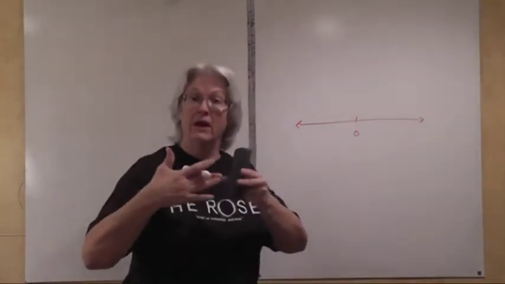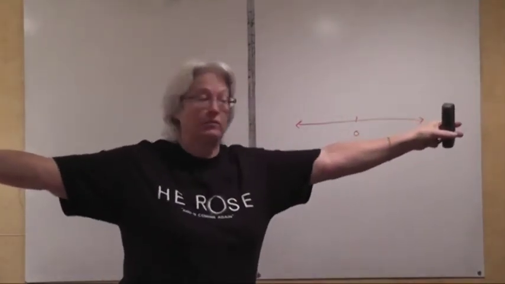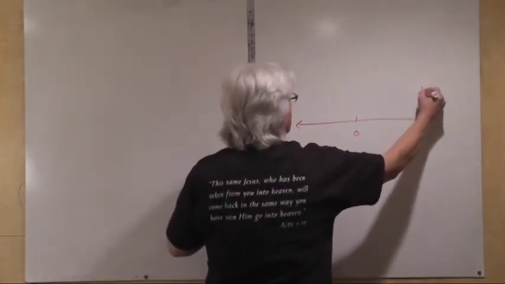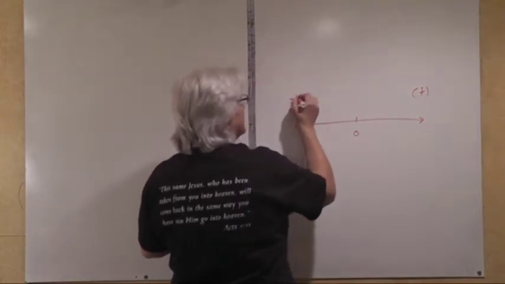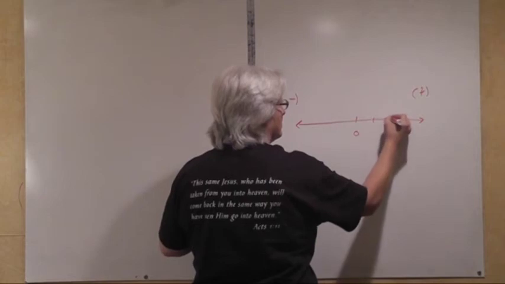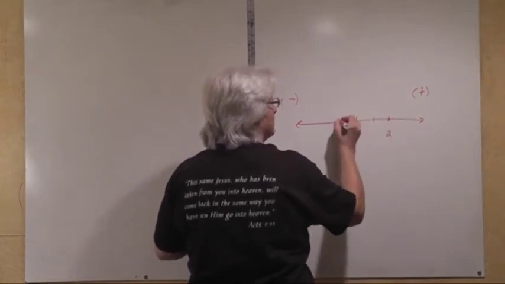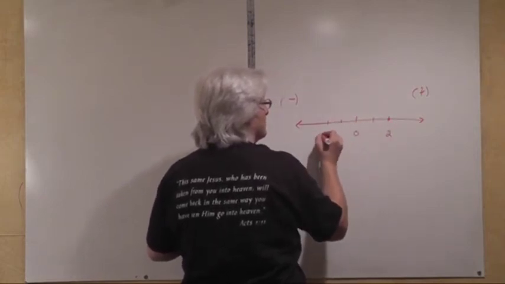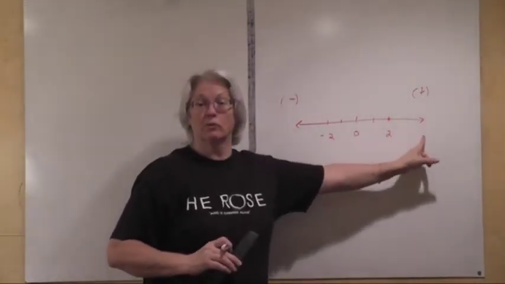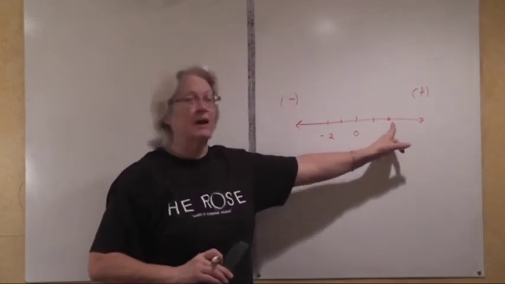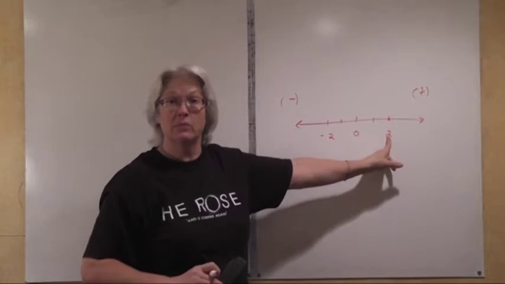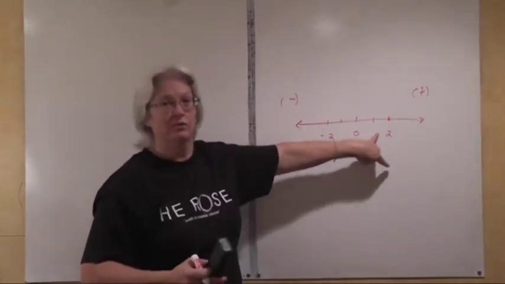The arrowhead indicates that the pattern continues on forever, in the positive direction to the right, and in the negative direction to the left. And if we have a number here which is 2 units from 0 in the right-hand direction, we indicate that with this dot here, that we're at the point positive 2 on the number line. We know it's positive because there's no sign in front of it.